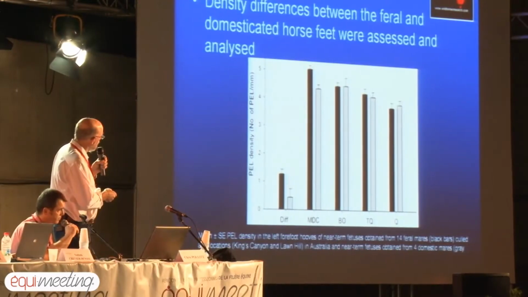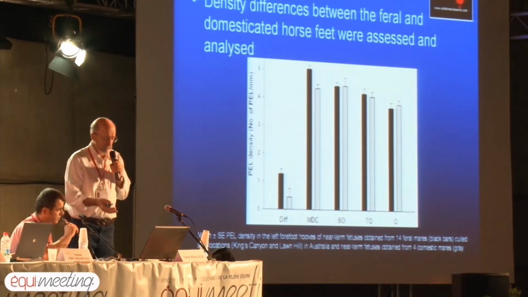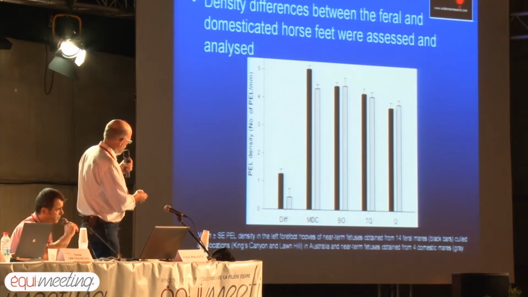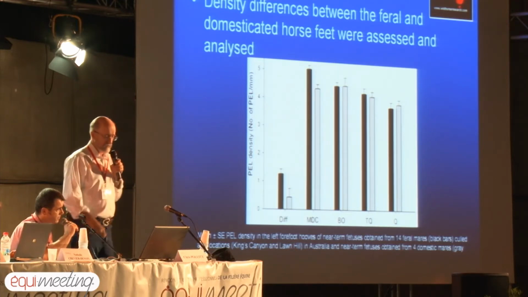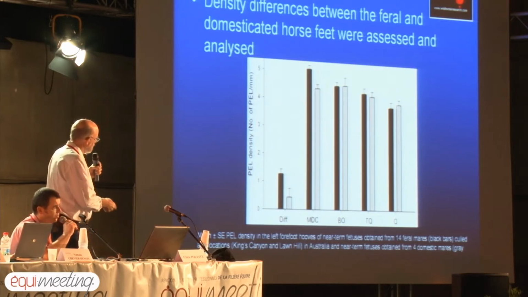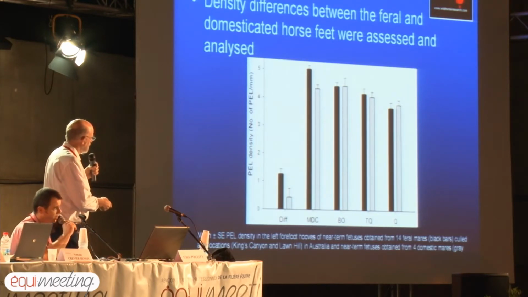And you can see immediately at the toe, the wild horse, the feral horse fetus, has a greater lamella density than the domestic foal counterpart.